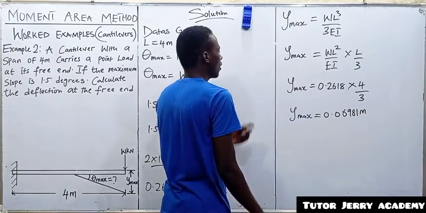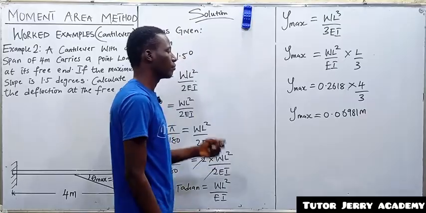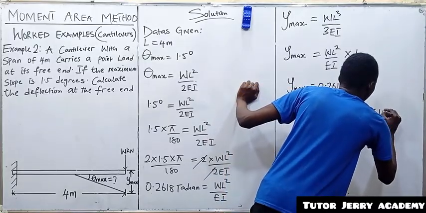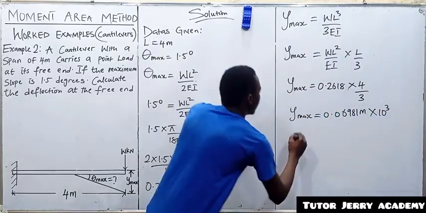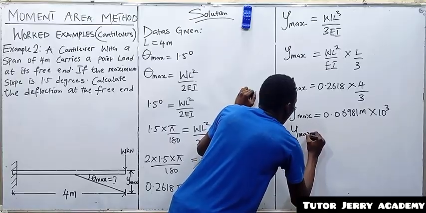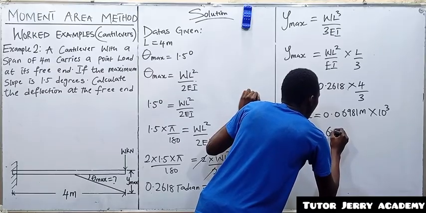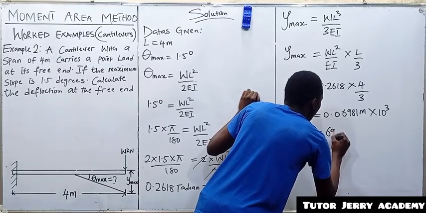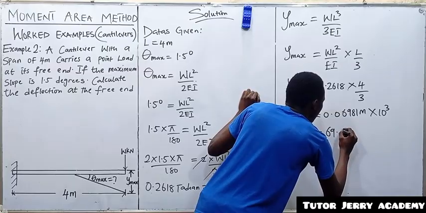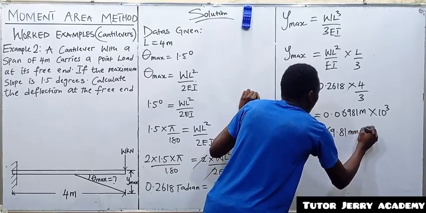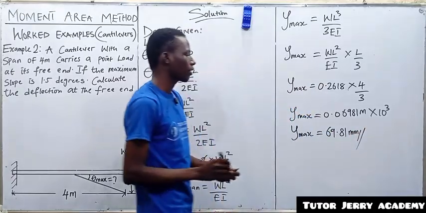But we need our deflection in millimeters, so we multiply by 10 to the power of 3. Y max will be equal to 69.81 millimeters. So this is what we have as our y max.